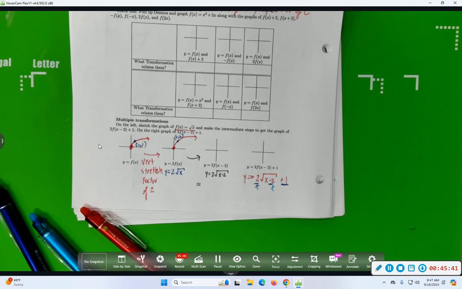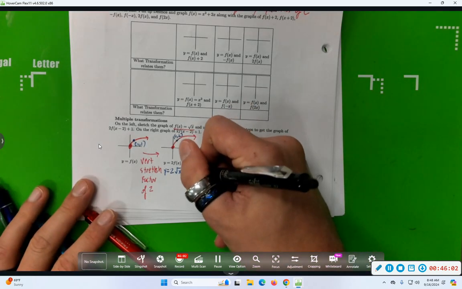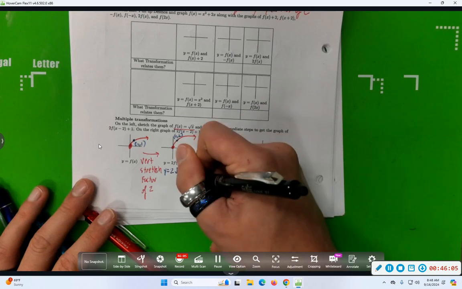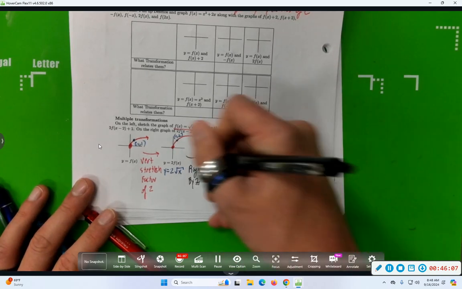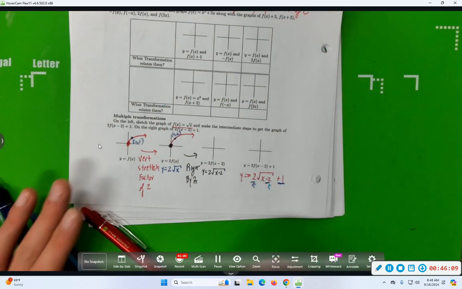Your x-intercept over to the right too. Yeah, and not just the x-intercept. I move everything to the right by 2. Because, right, I want to move it to the left by negative 2. What does it mean to go to the left by negative 2? It means go right by 2. So this point right here that used to be at 0, 0, where will it go?